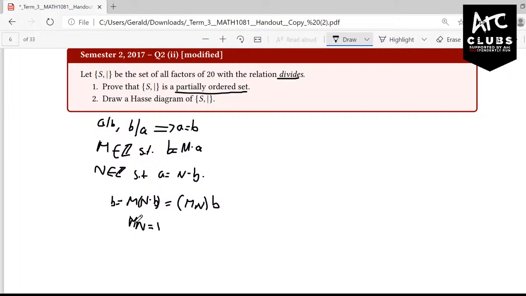But because we know m and n are integers, that means the only solution to this equation has to be when m equals n equals 1.